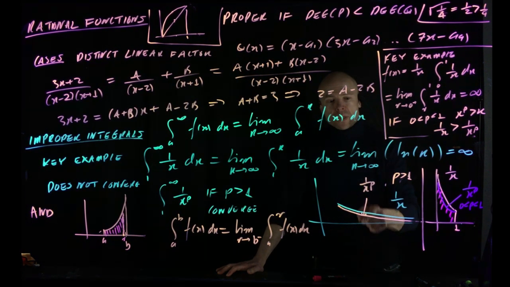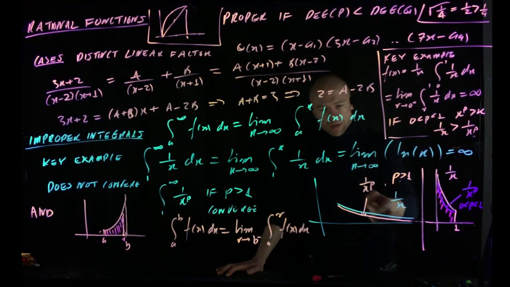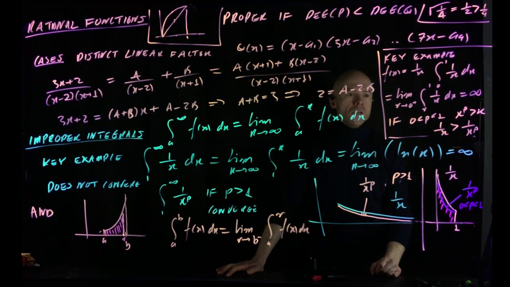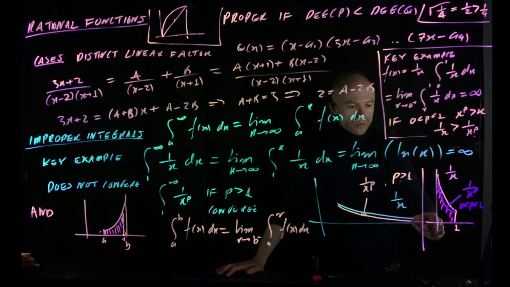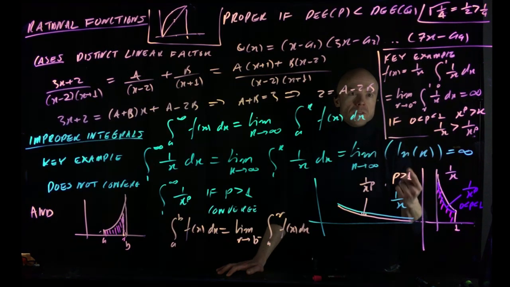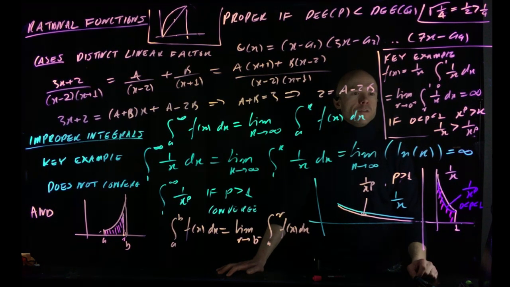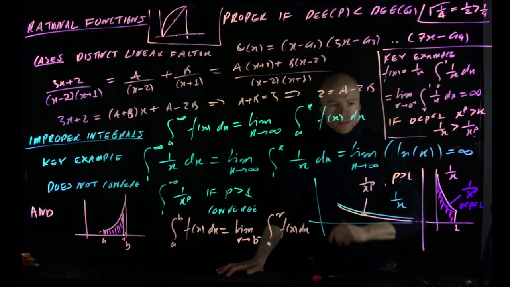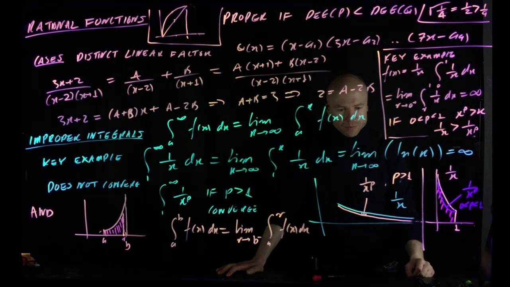With the improper integral from 1 to infinity, if p gets bigger, then this thing goes underneath, it has more chance to converge. For the improper integral from 0 to 1, if p gets bigger, then 1 over x to the p gets bigger still, and therefore won't converge. But if p gets smaller, if p is between 0 and 1, then it does have a hope to converge, and it does converge.